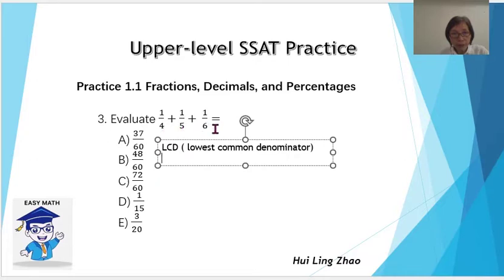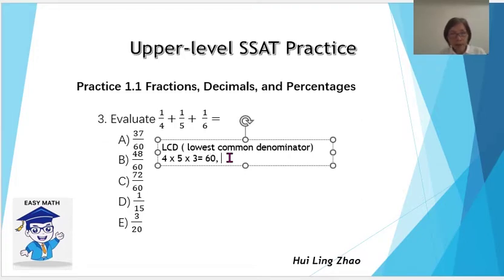And 6 we can separate into 2 times 3, right? So the LCD is 4 times 5 times... here, because 4 separates into 2 times 2, for the 6 we just take the 3, it's okay. So the answer is 60, right?